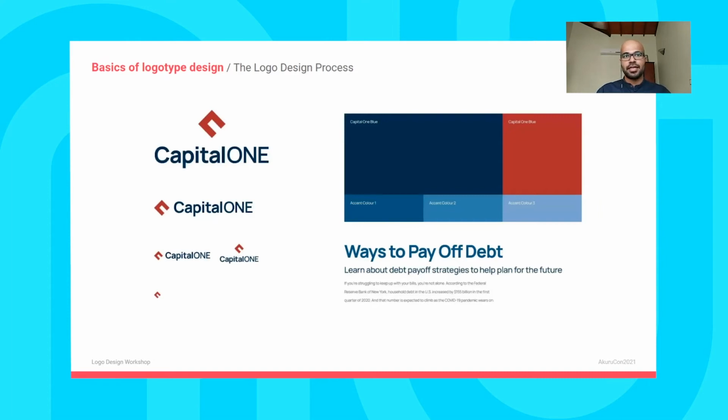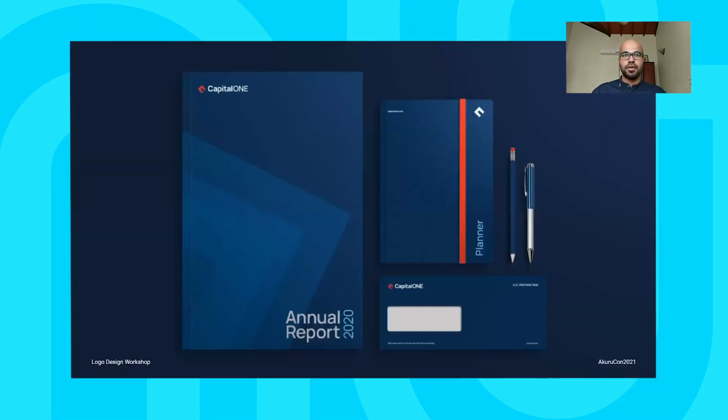If it's a bank, you treat it differently, and if it's a smaller brand like a coffee shop, the applications that you get are slightly different. So it's good to talk to the client and identify these applications and where the logo would live beforehand, and then move on to the designs.